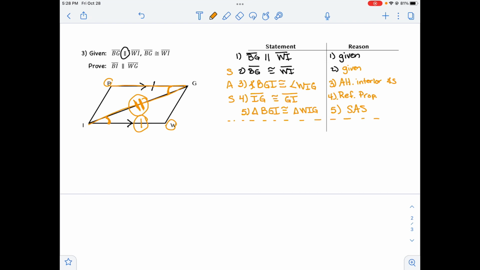Okay, now we are trying to get to something about being parallel. Now that's not a word, and those are not pieces. That's a converse. We'll talk about the rules of that in just a second. But before we get there, we need to prove our other angles, or at least another angle, to be able to prove some parallel lines, because we're trying to prove that BI is parallel to WG. So to do that, we've got to have some other pieces in there.